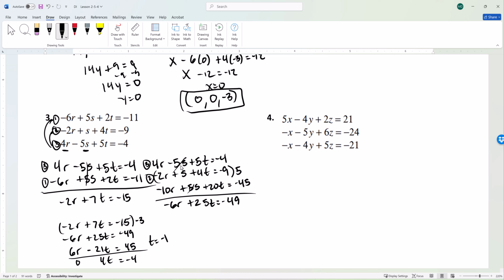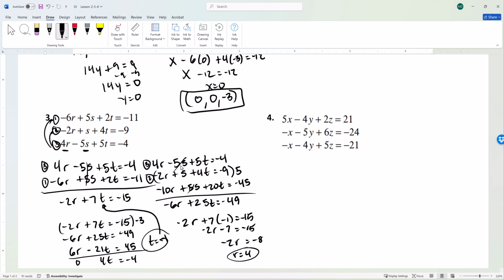So now I can plug t back in. So I get negative 2r plus 7t equals negative 15. Add 7 gives me negative 8. So r equals 4. And then now I can plug both the r and the t into the original.